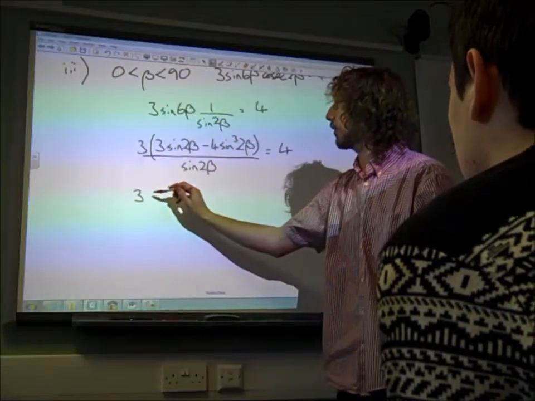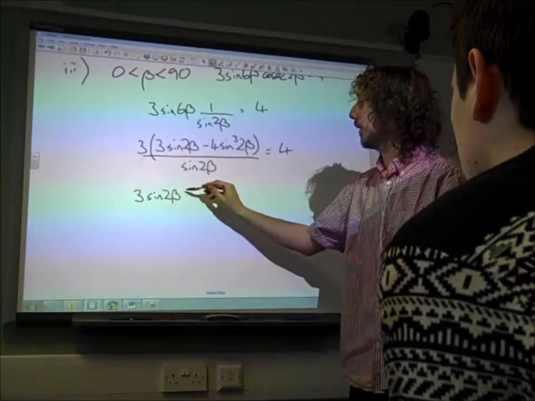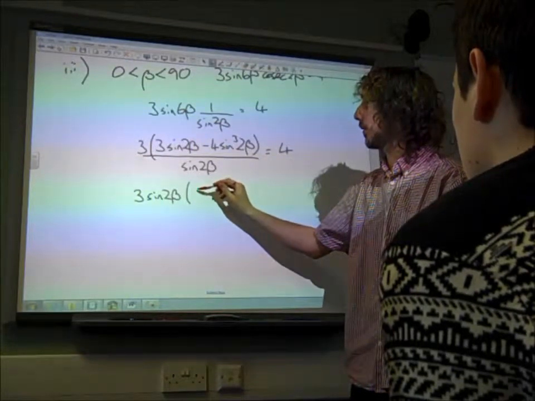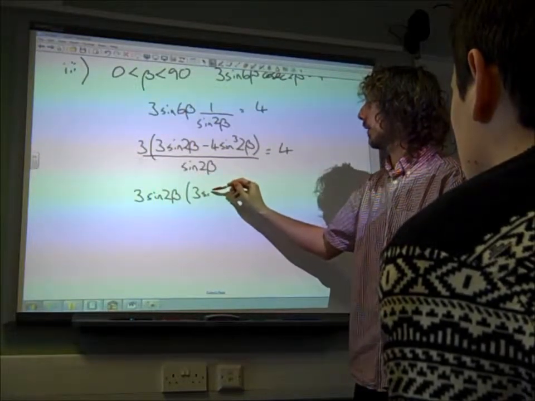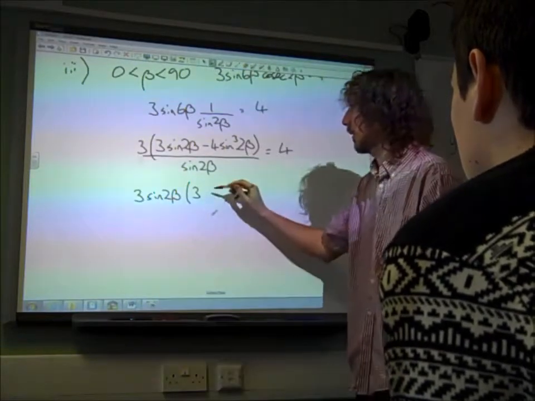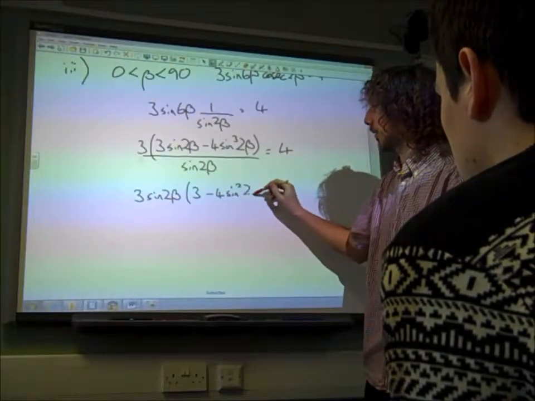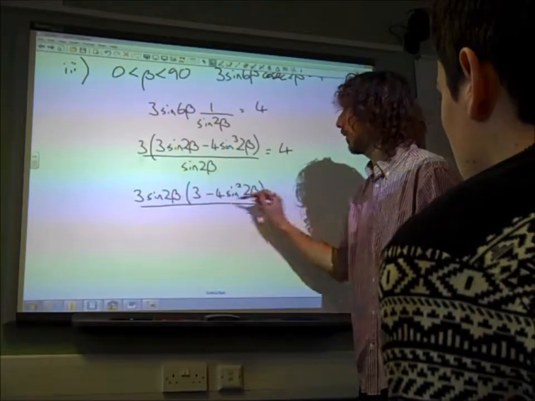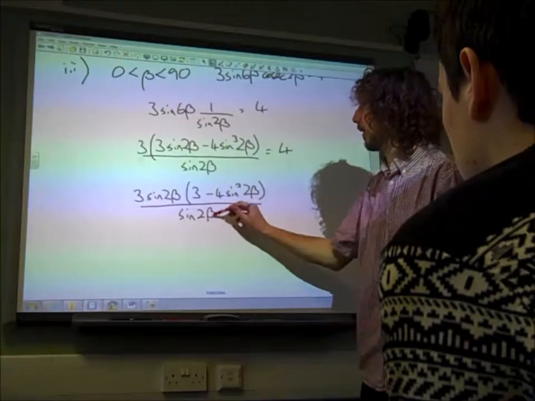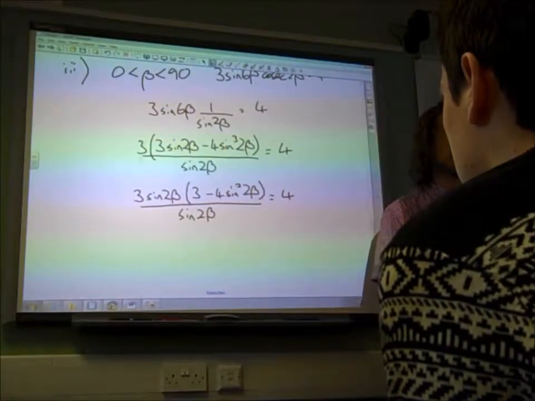We've got 3 lots of sine 2 beta times 3 minus 4 sine squared 2 beta over sine 2 beta equals 4. Our sine 2 beta is going to cancel out.